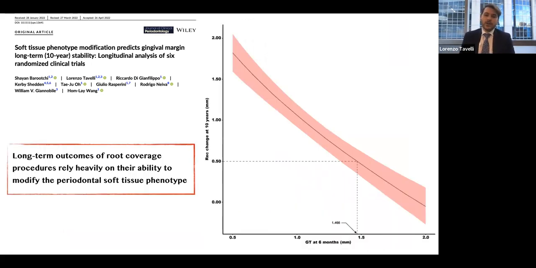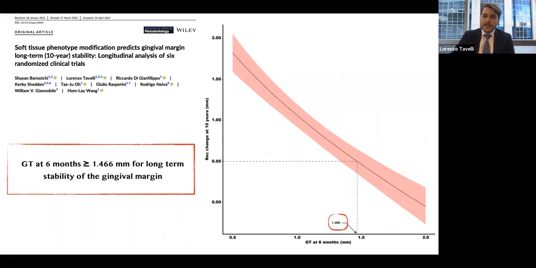So, long story short, we demonstrated that the long-term outcome of root coverage procedures is heavily affected by peri-implant soft tissue phenotype modification. In other terms, you want to perform a procedure, regardless of which graft, which technique or flap you're going to use, that is able to increase the thickness of the gingiva in a way that gingival thickness at 6 months is at least 1.466, let's say 1.5 if you want to round this number.